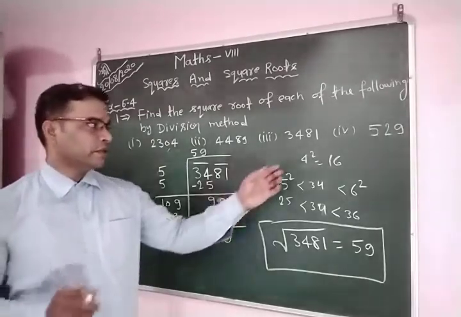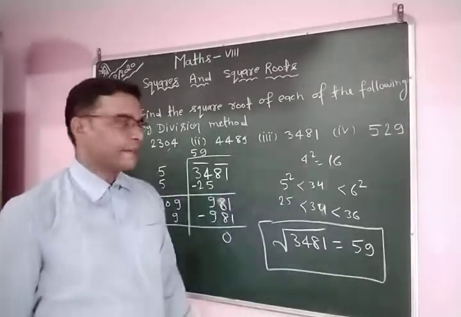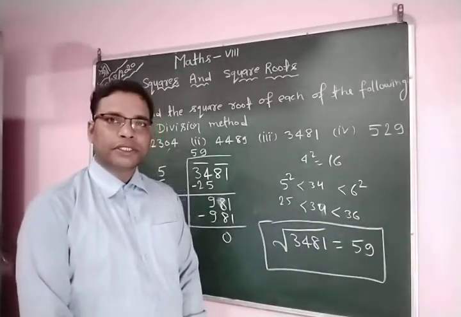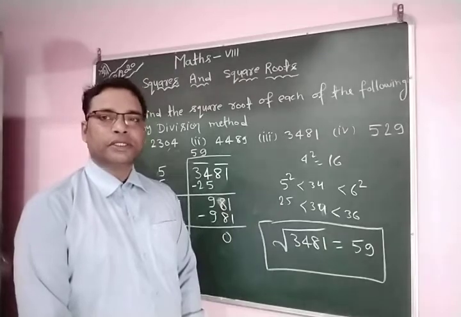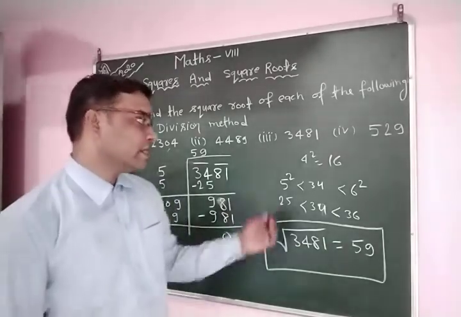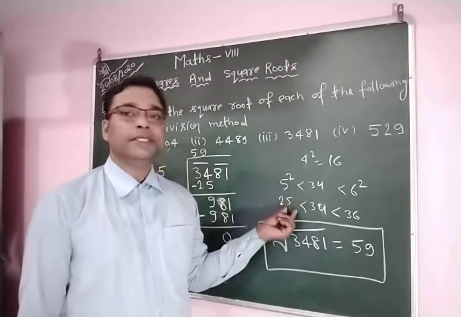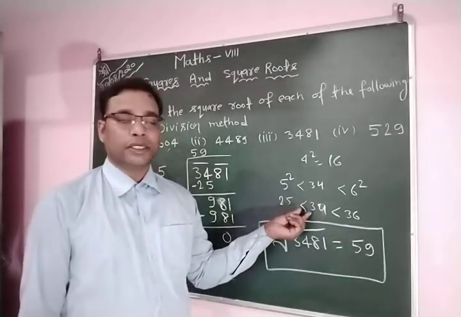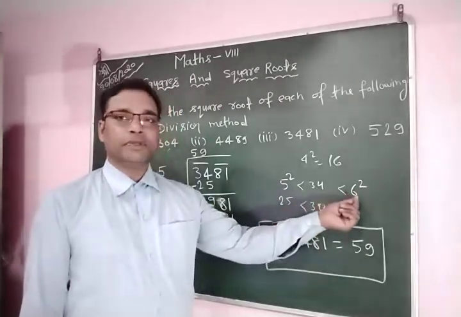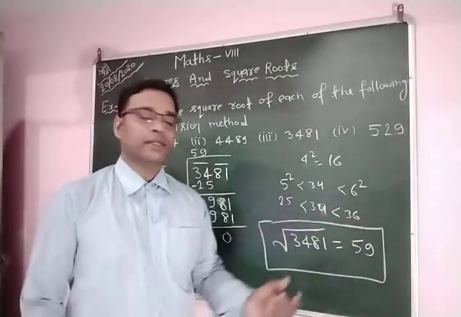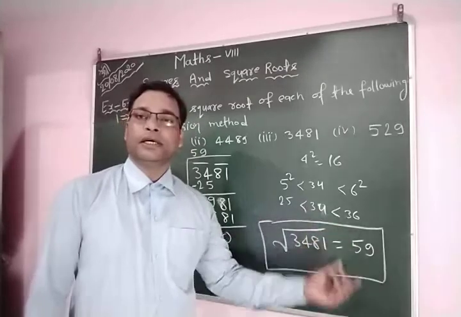So here you can see, if you take 4, the square of 4 is 16, which is less than 34. Again we select the square of 5. The square of 5 is 25. This is less than 34. And if you take the square of 6, this is 36, which means it is greater than 34.